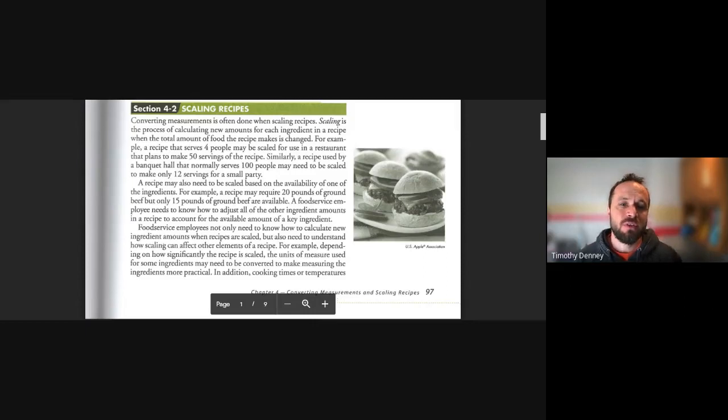Food service employees not only need to know how to calculate new ingredient amounts when recipes are scaled, but also need to understand how scaling can affect other elements of a recipe. For example, depending on how significantly the recipe is scaled, the units of measure used for some ingredients may need to be converted to make measuring the ingredients more practical.